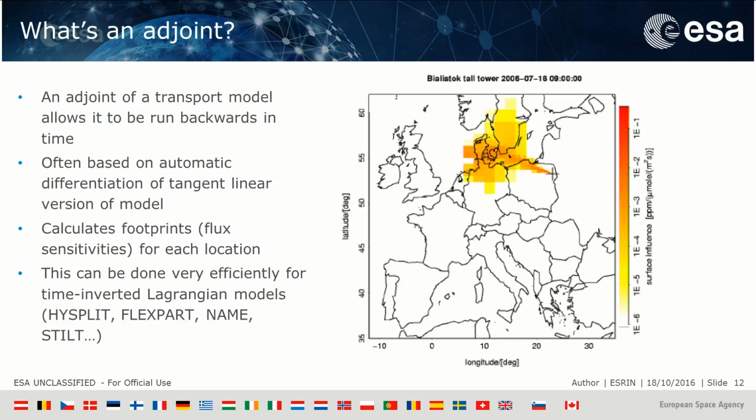What's shown here is the footprint, so that's when they come close to the surface, in the lower half of the planetary boundary layer. And we say, okay, that's when they're influenced by the fluxes. So this is a way of calculating what flux influence you're seeing with this concentration measurement. This gives you something in ppm per micromole per meter squared per second, if that makes some sense. So it's another way of doing an adjoint.